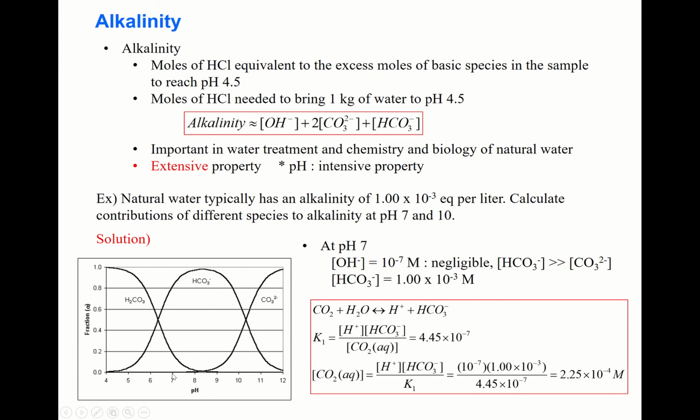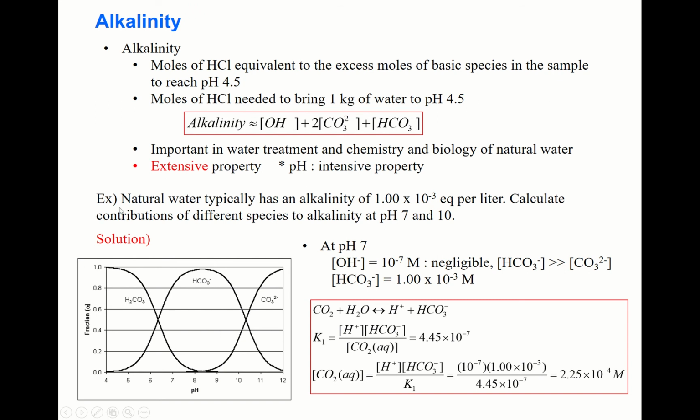And I recommend you to differentiate the extensive property and intensive property. pH is an intensive property, but alkalinity is an extensive property, depending on the quantity of sample. So if you increase the sample to 2 kilograms, then alkalinity increases 2 times, in proportion to the sample.